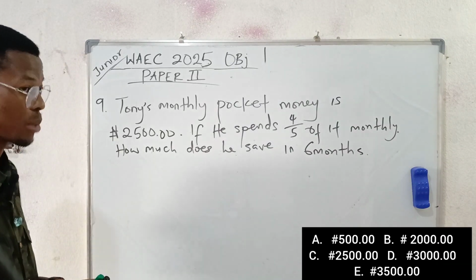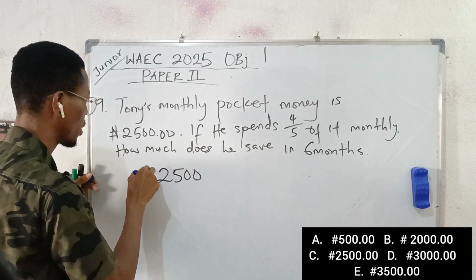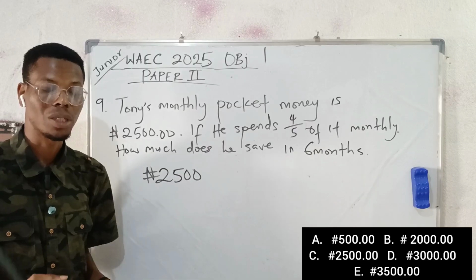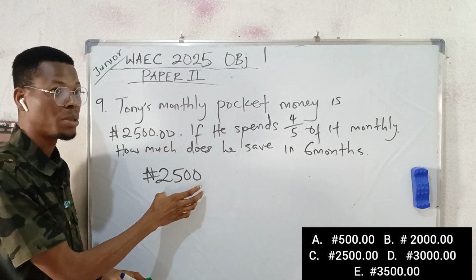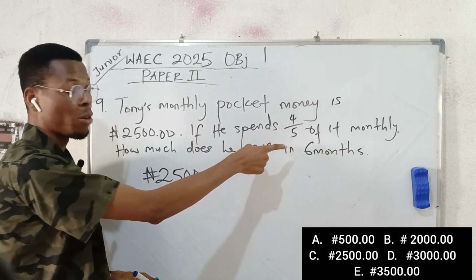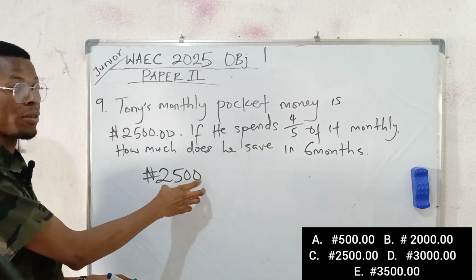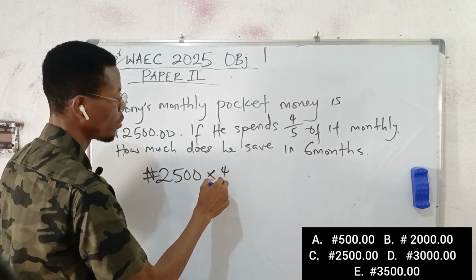His monthly pocket money is 2,500. And from this 2,500, he spent 4 over 5 of this amount, right?